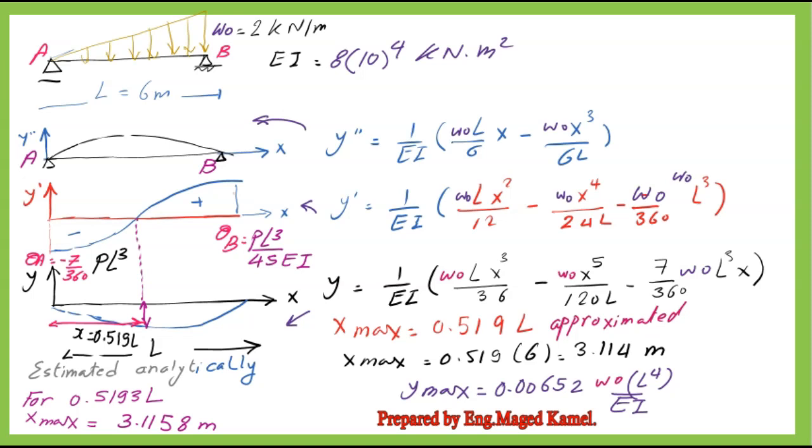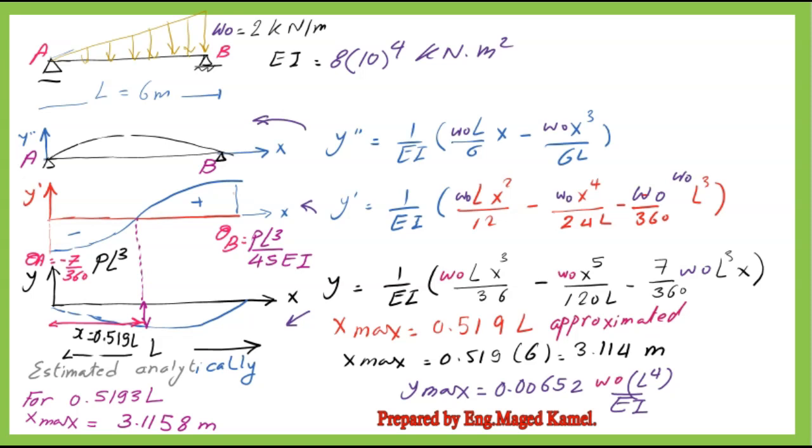These are the two curves. This curve represents the values of theta A and theta B, starting from negative going back to positive. And the third curve is the one we are looking for.